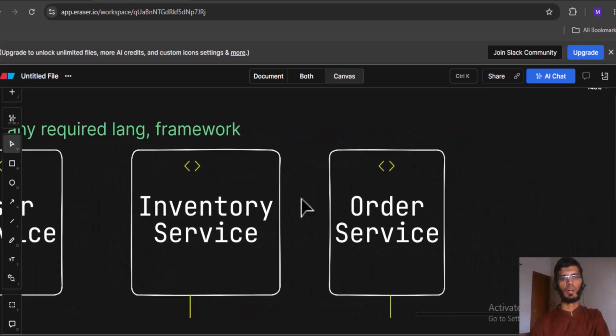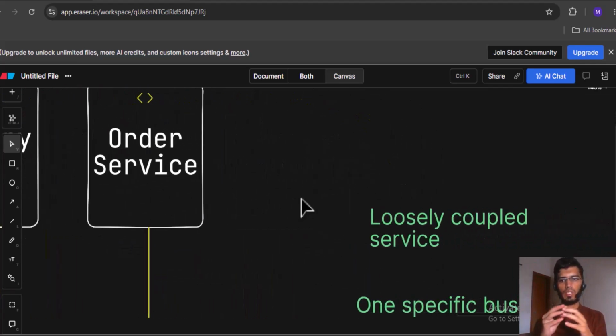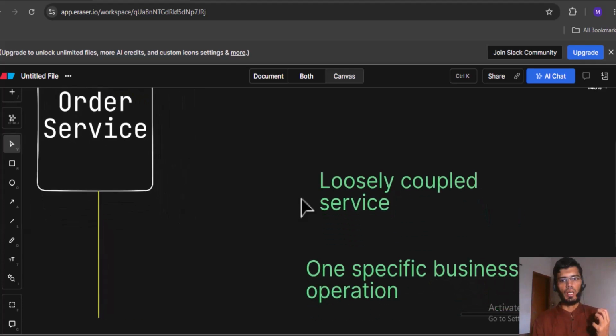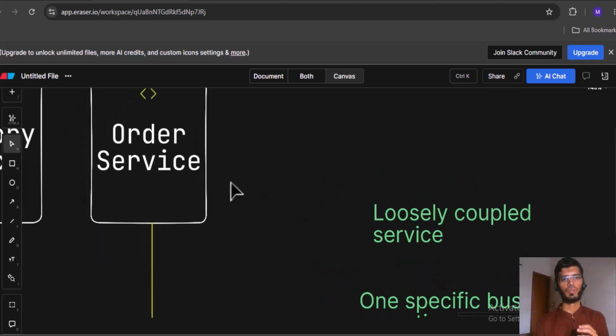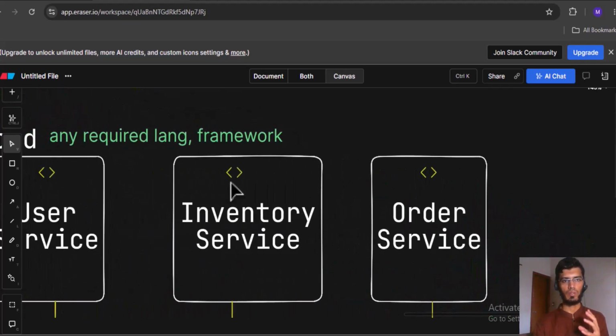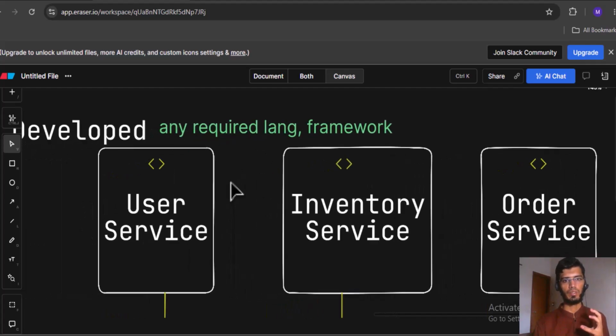Remember, in monolithic architecture, services or modules were tightly coupled in a single code base, but here these services are loosely coupled, and we will see later in the video how we achieve loose coupling. For example, we use event driven architecture, event bus and message queues. Furthermore, each service performs a single business operation, meaning the single responsibility principle is applied to each service, like the order service. So yes, this is one of the principles that we need in software engineering.